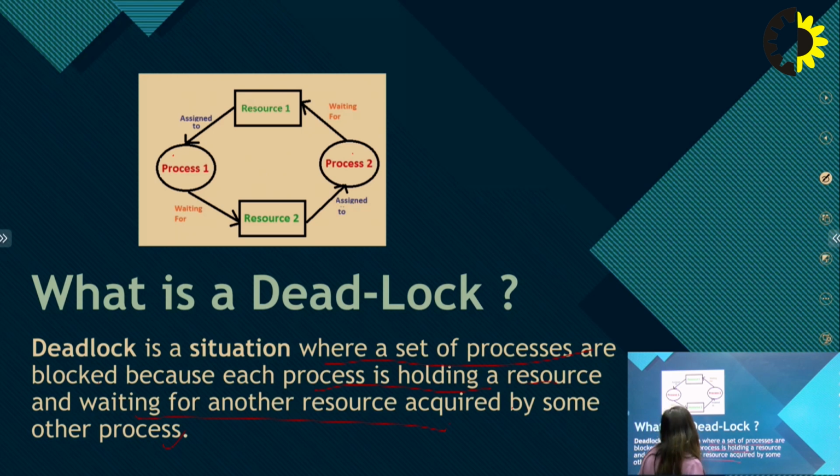According to this, resource R1 is assigned to process P1, and P1 also requests resource R2. The same condition occurs here: R2 is assigned to process P2, but P2 is also waiting for R1.